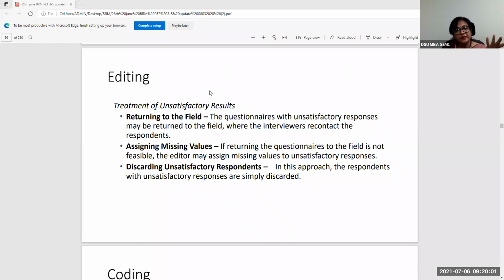So you could have something like this. You could have a code 0 given to those answer responses which don't have any kind of answers from the respondent. And you could have a code of 9 to indicate that the answer was given, but it was ticked too many times. So this particular question, the respondent should have ticked only one option, one choice out of the multiple choice, but he has ticked 2 or 3.